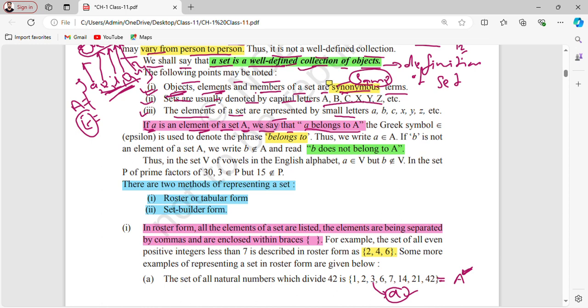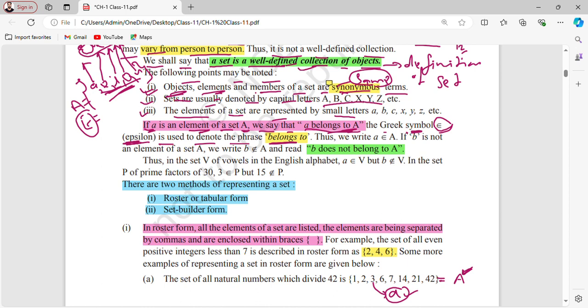So we can write like that: a belongs to set A. The Greek symbol epsilon is used to denote the phrase "belongs to".